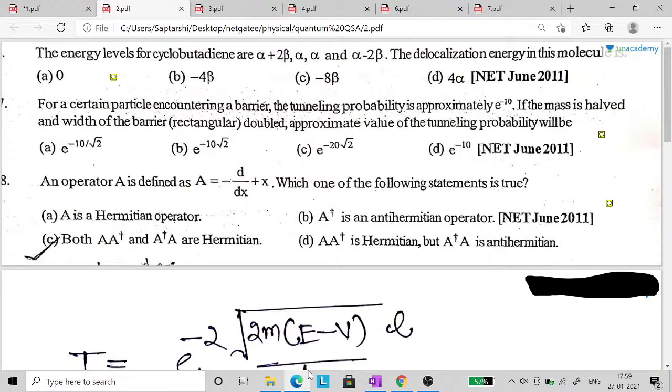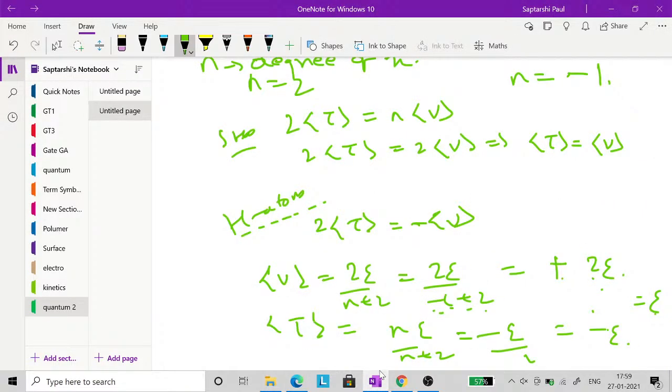Huckel molecular orbital theory is a method used to approximate the energy of a system. First we will see it for the ethylene molecule.